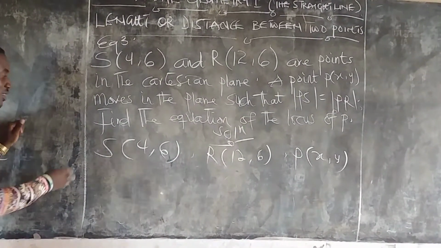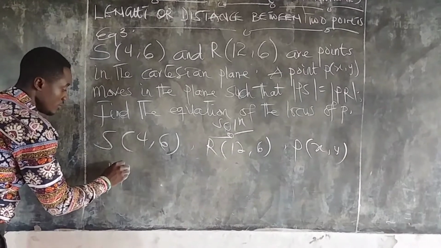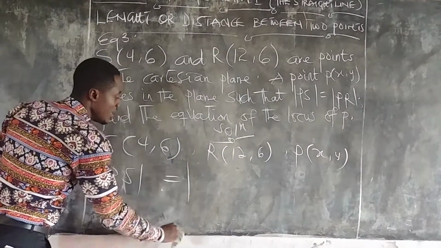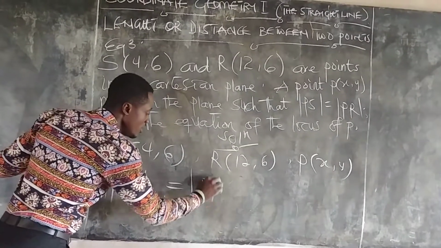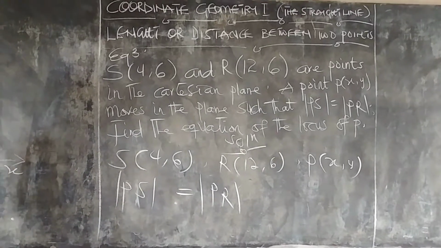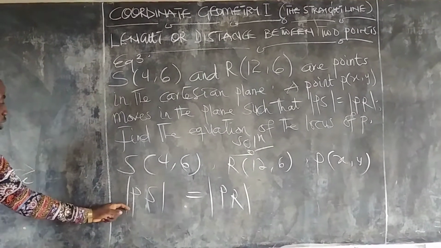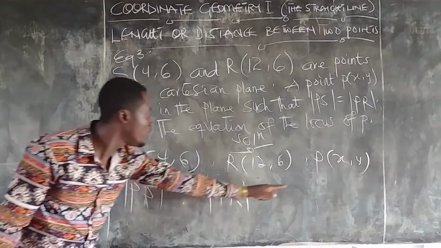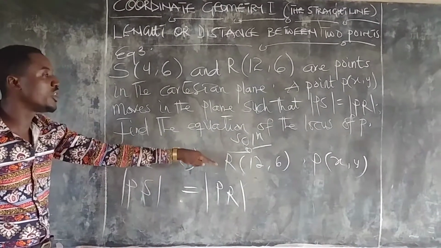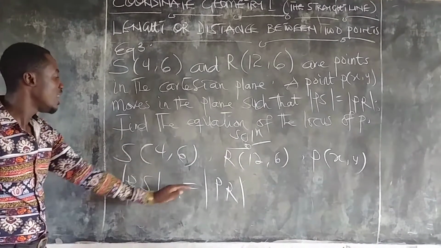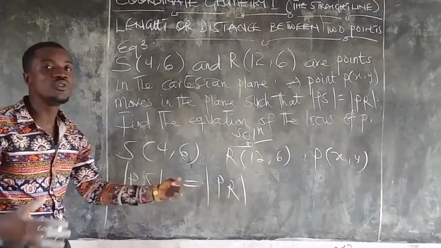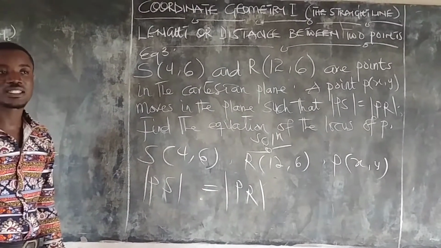We know that if the length of PX is the same as the length of PR, let's find the equation connecting the two lengths. So for the length of PX, we have our P here and we have our X here. We can use the coordinates to determine the length. After that, we find the equation connecting the length of PR, then you equate the two distances together.